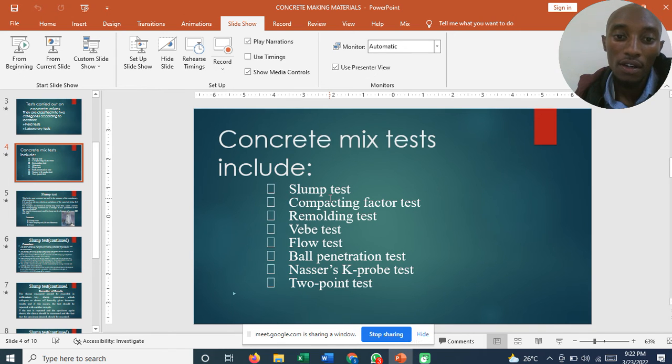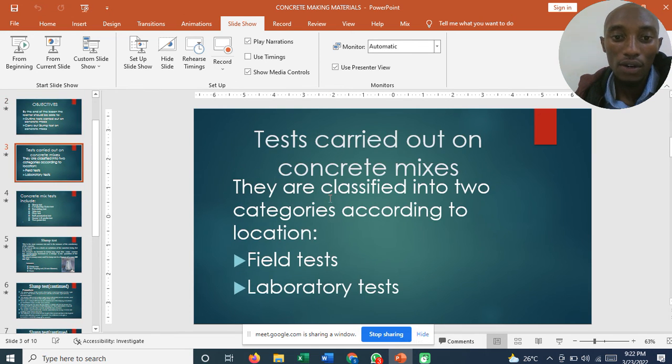Compacting factor test. Yeah, flow test. Ball penetration test. Yeah, two-point test.